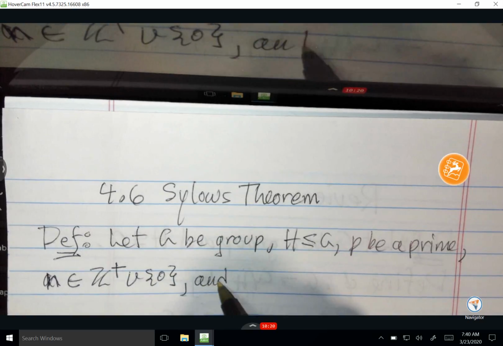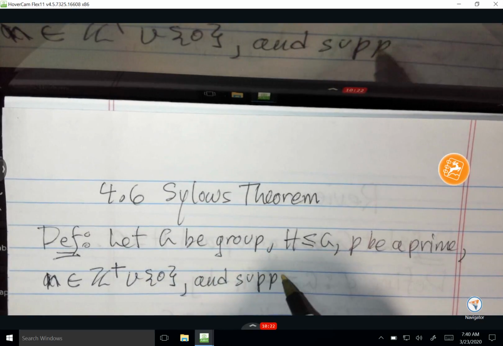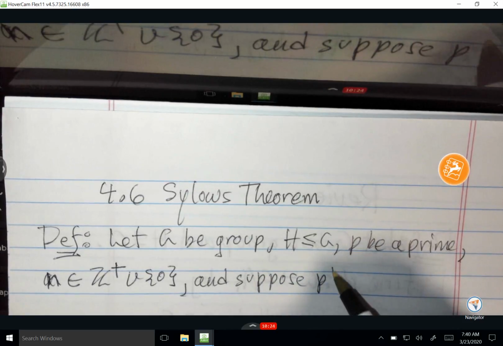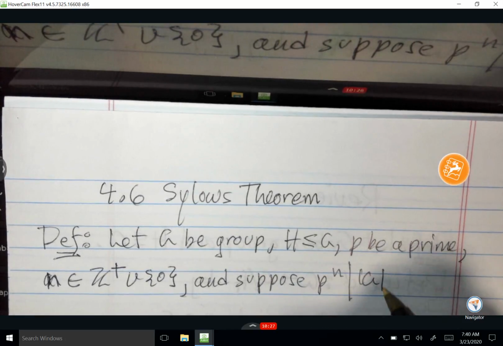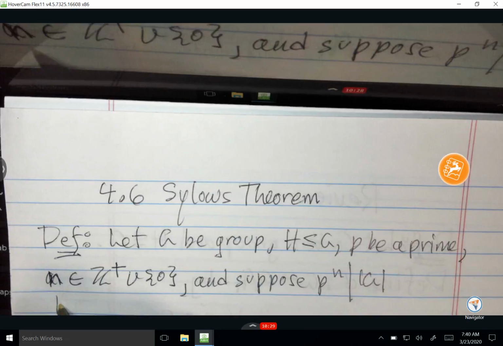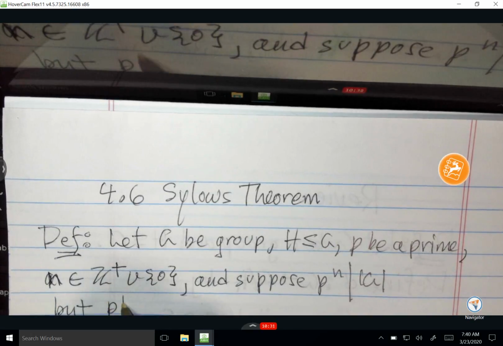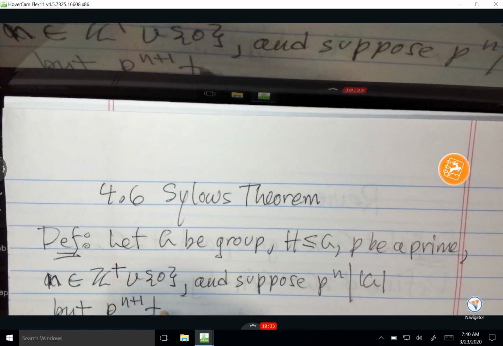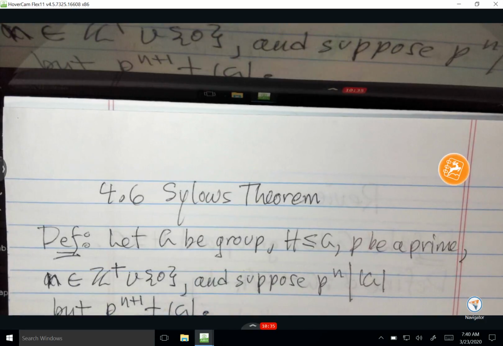And suppose p to the n divides the order of G, but p to the n plus 1 does not divide the order of G.